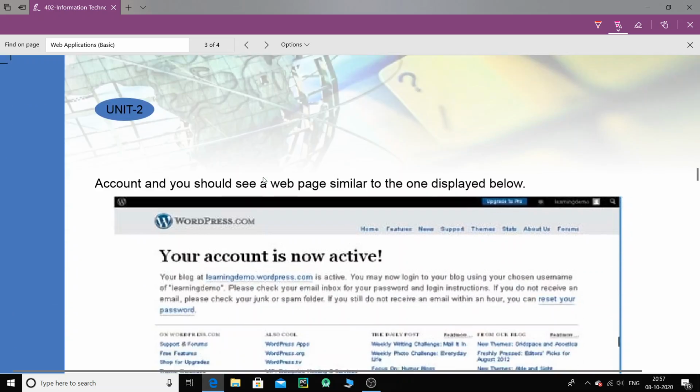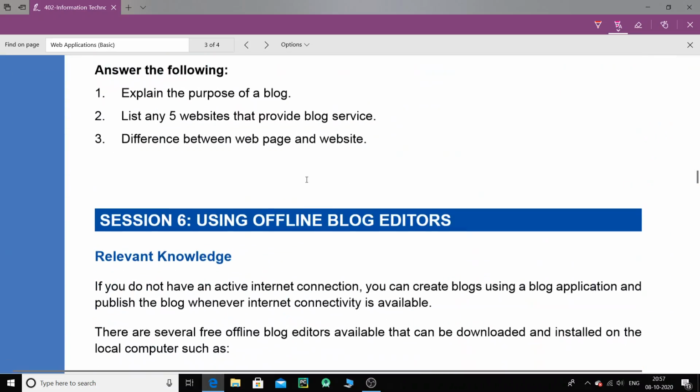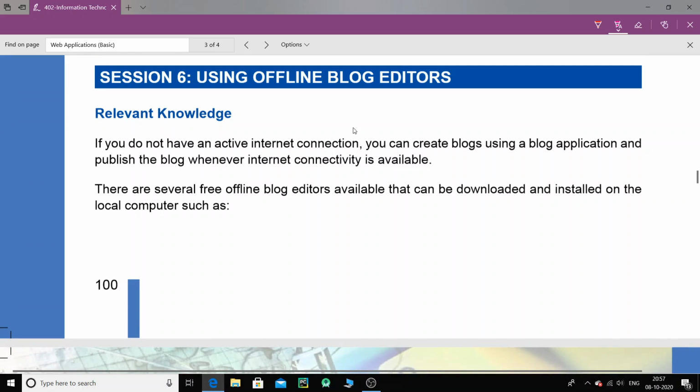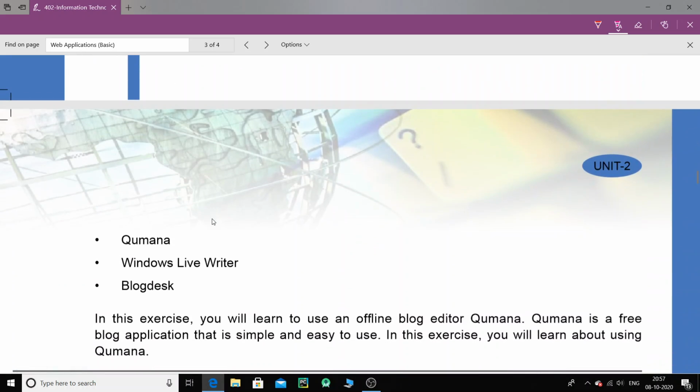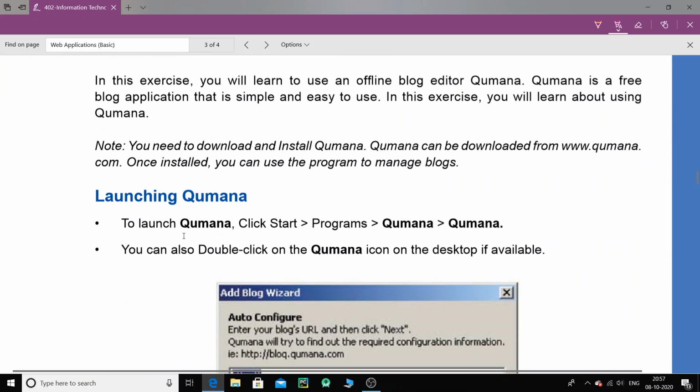And then the next is some of the offline blog editors. Please remember this. That is Qumana, and Windows Live Writer and BlogDesk.